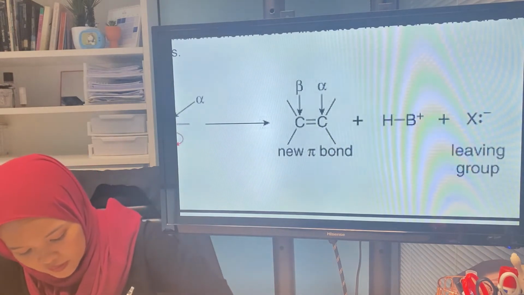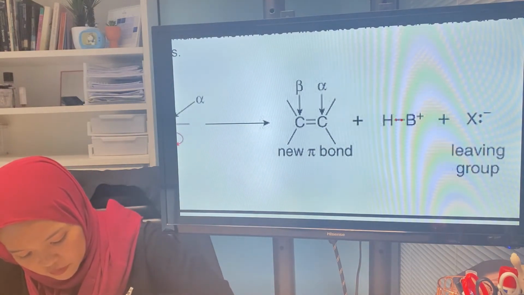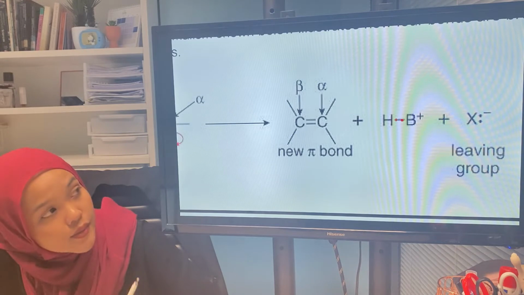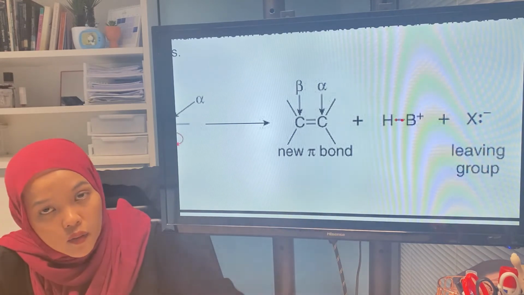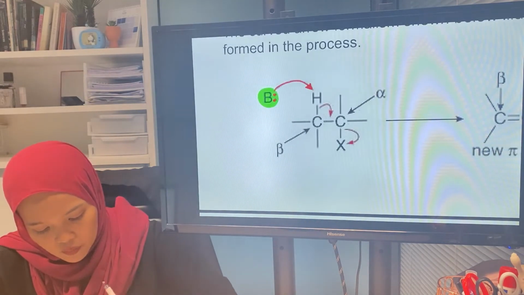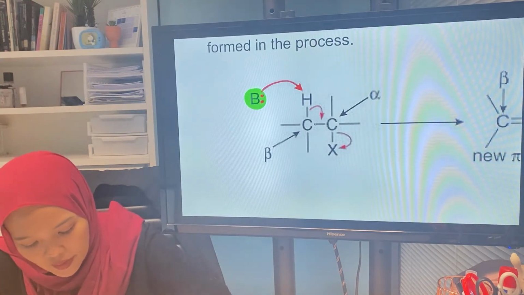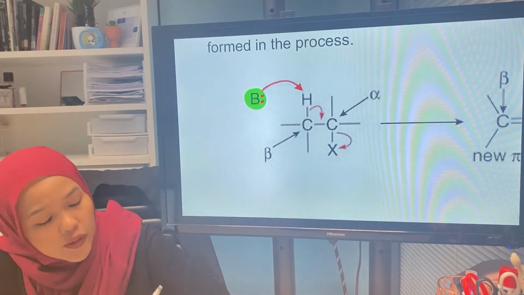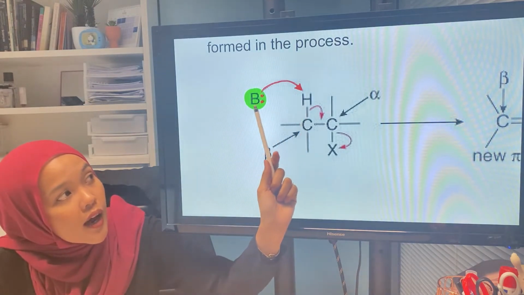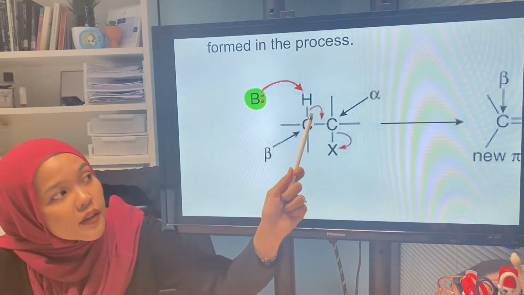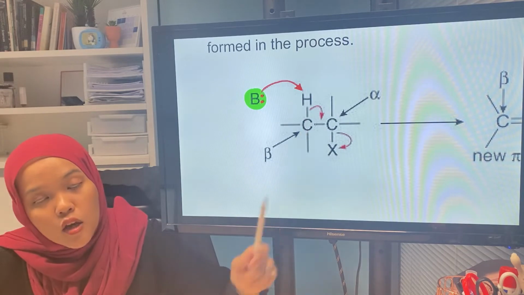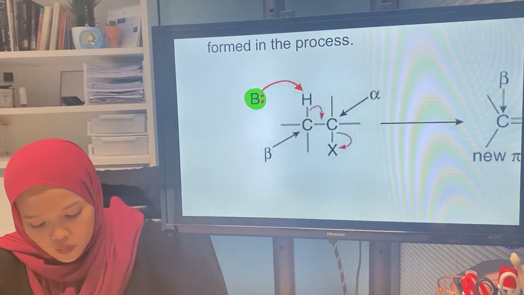So this is the electron. Now, you are going to have the bond, because when you want to make a bond between the hydrogen and a base, this bond must be broken. So where does this bond go?